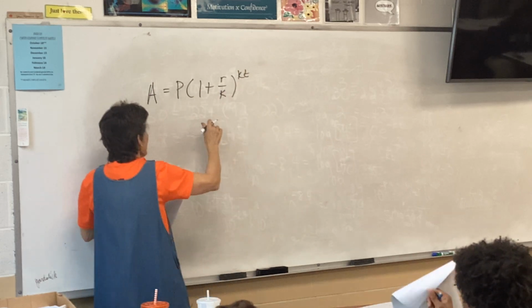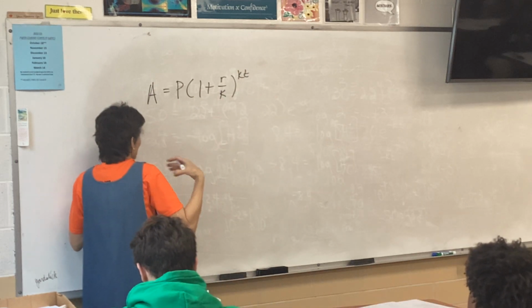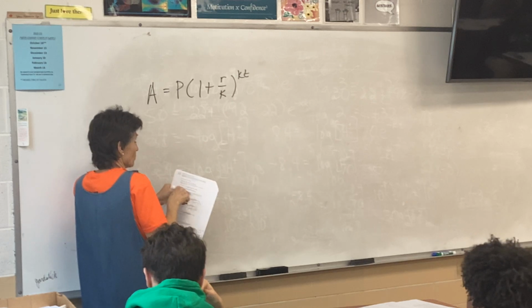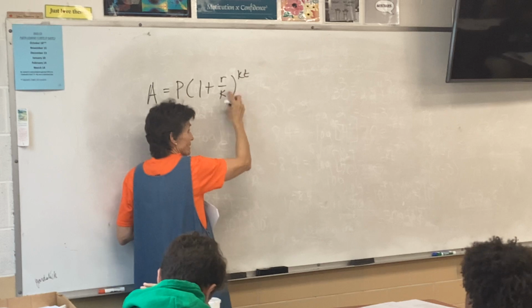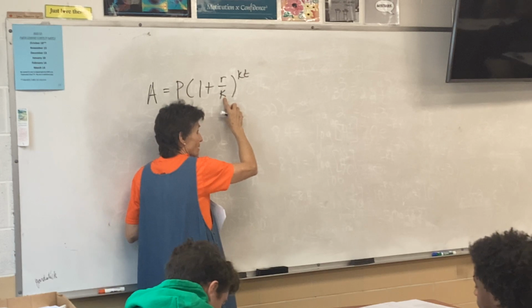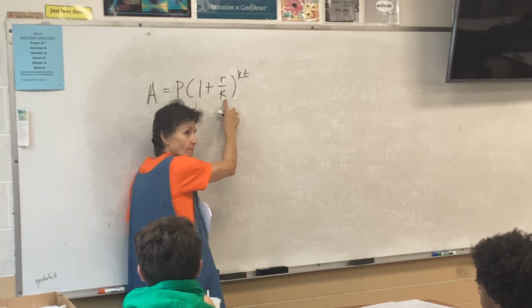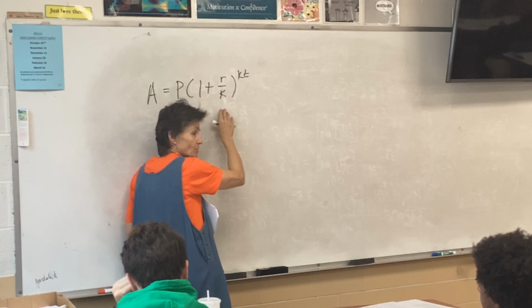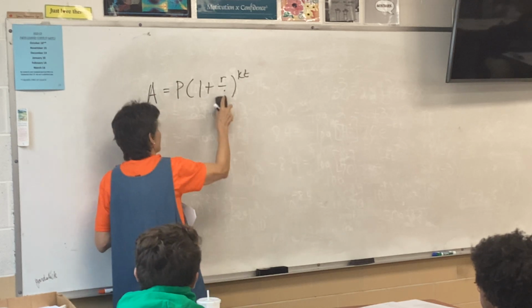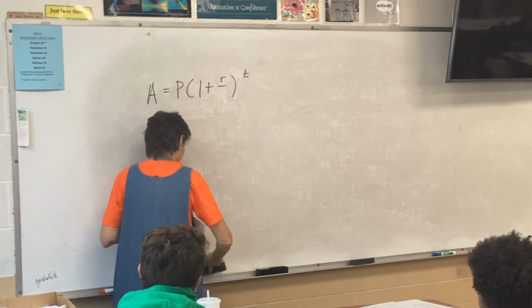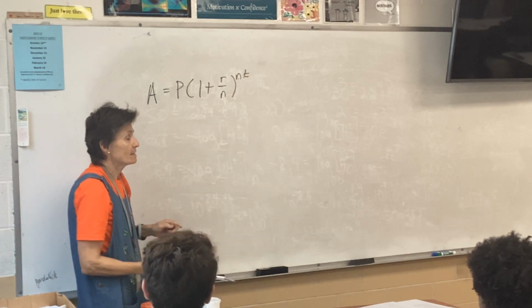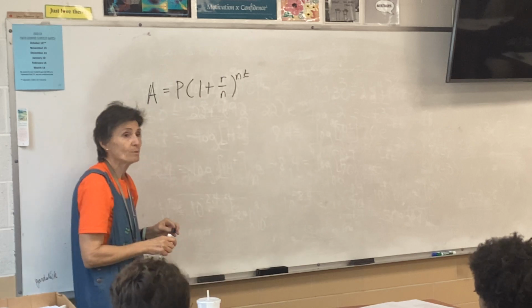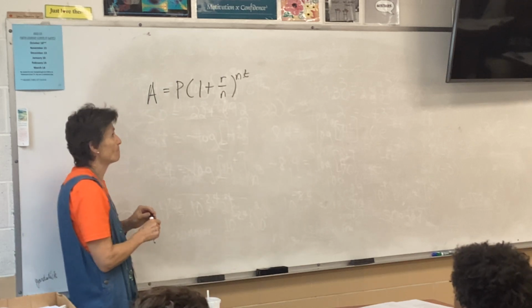I'm gonna try to stick with what's on the sheet here, but I sometimes use N's instead of K's. Do you remember this formula from last year? Were those N's or K's last year? N's, I love it. Let's use N's then, if that's what you're used to. All right, this is the compound interest formula.